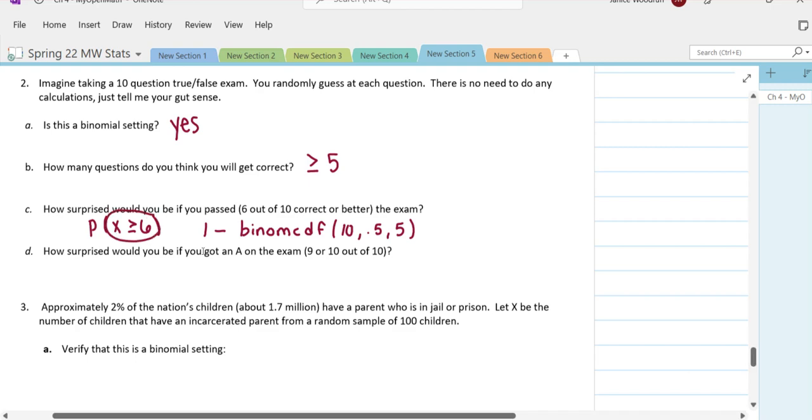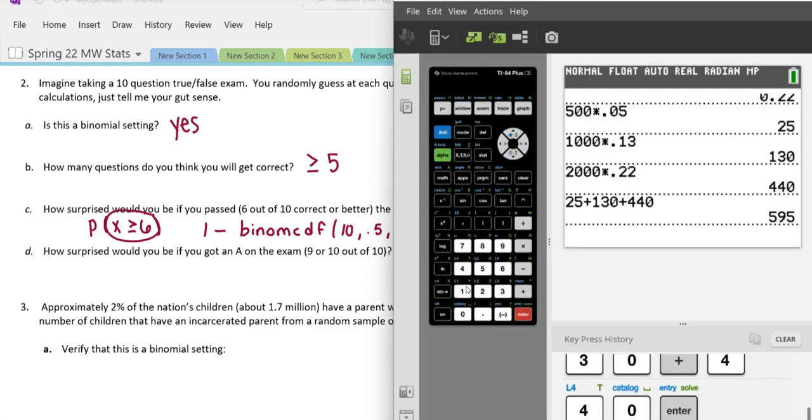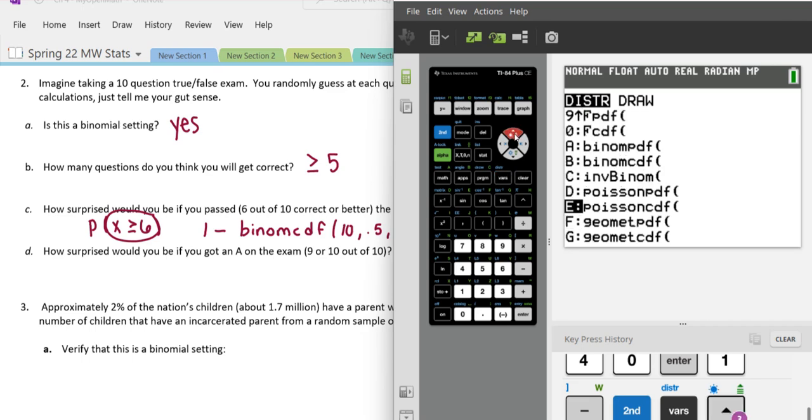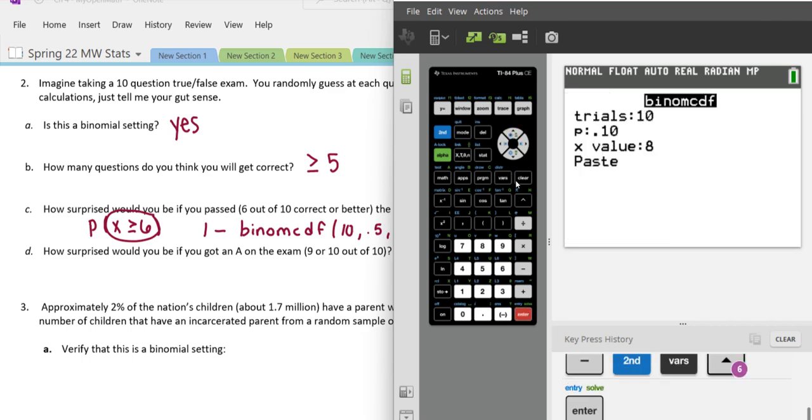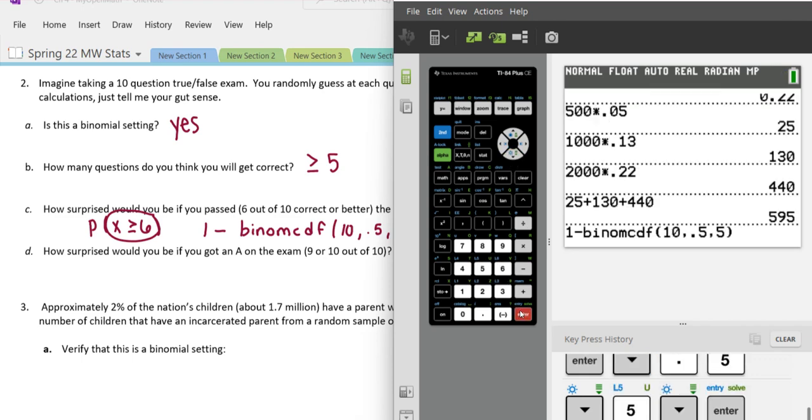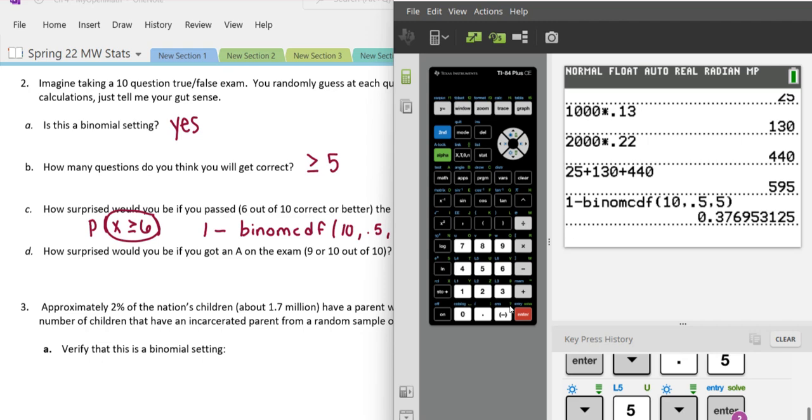So that's what that does there. So that actual probability is going to be 1 minus binomcdf 10, probability of success 0.5, and the cumulative value through 5. So 0.377 is that actual probability there.